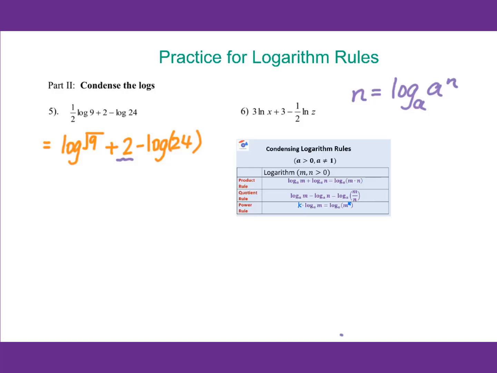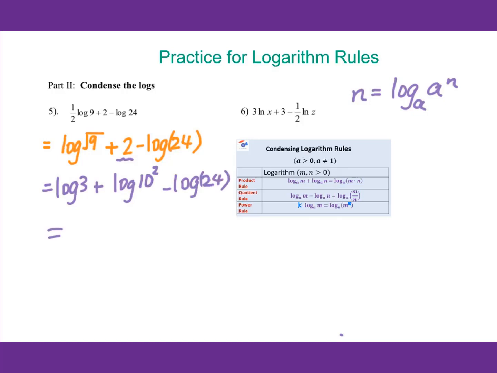Therefore, for this 2, I can write common log of 10 squared. So we got common log of 3, since square root of 9 is 3, plus common log of 10 squared minus common log of 24.